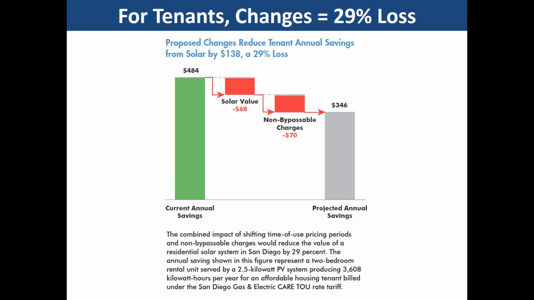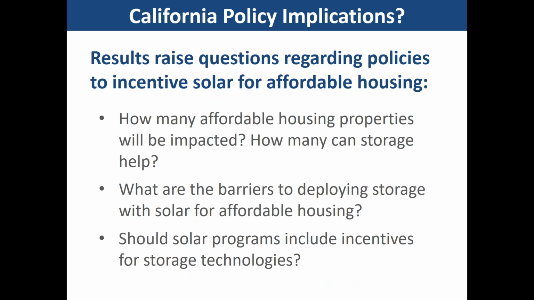And as I said, Wayne will get into that in much more detail, so I'm not going to discuss that more at this point. Just briefly, before handing it over to Wayne, I want to talk a little bit about the policy implications for this. As I mentioned, California is getting ready to implement this program called the Multifamily Affordable Housing Solar Roofs Program.